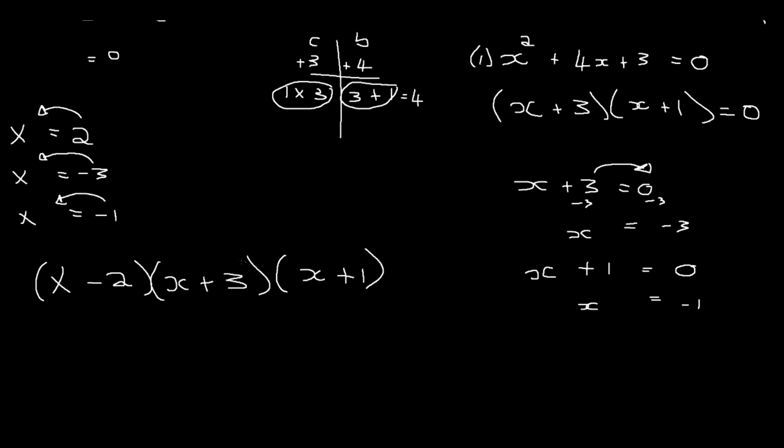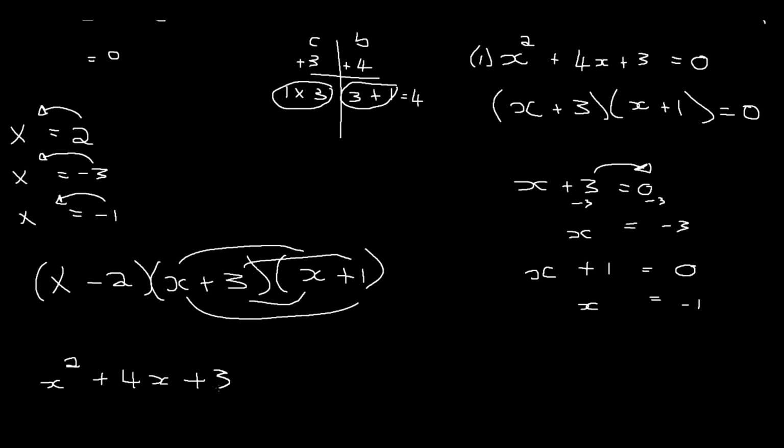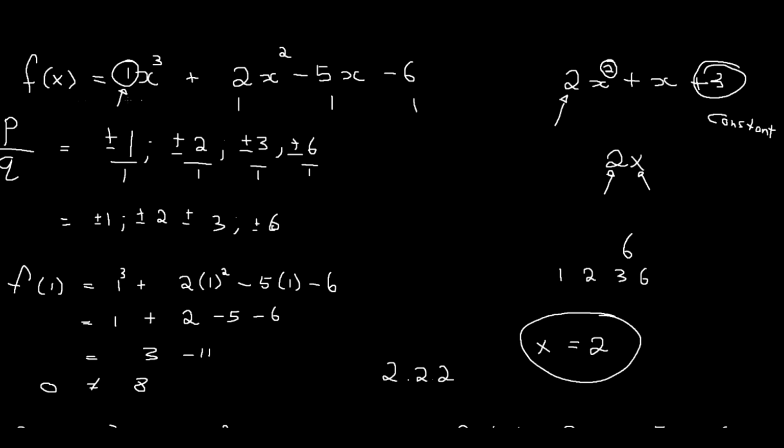If I do this by using the FOIL method, so first I'm going to use the firsts, outers, inners, lasts. First I'm going to use this, and then I'll go back to my original equation that I found over here. So it's going to then be x squared plus 4x plus 3. If I multiply this with x minus 2, I should find my original function.